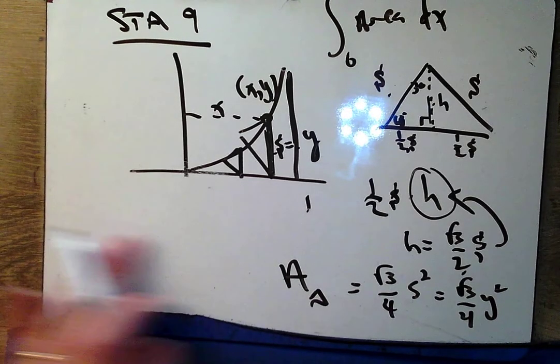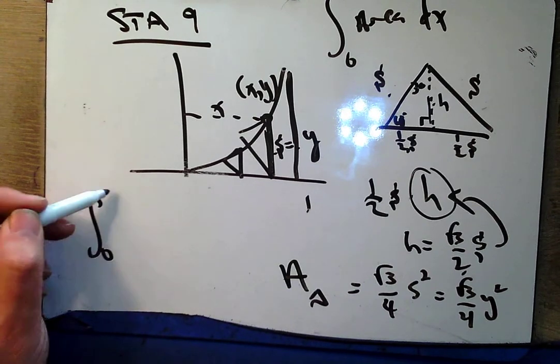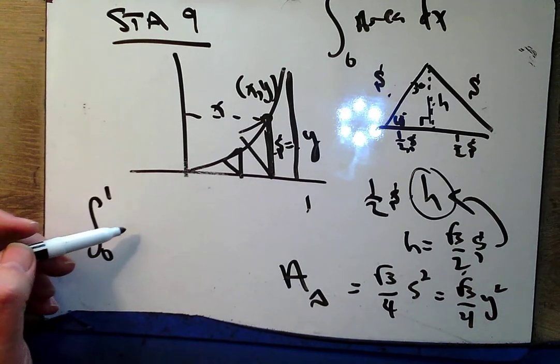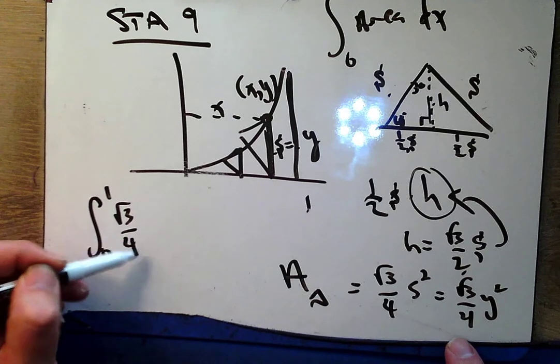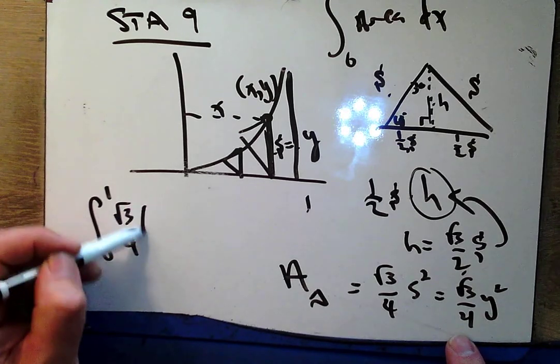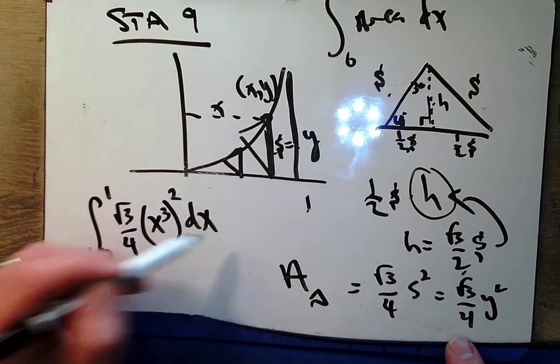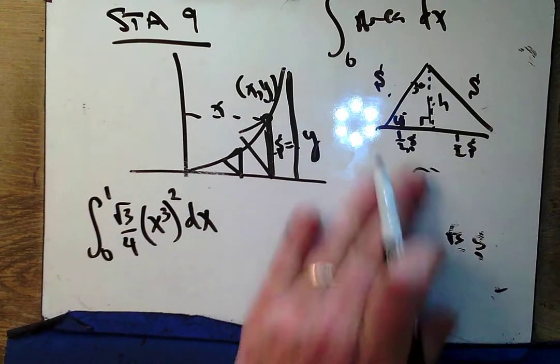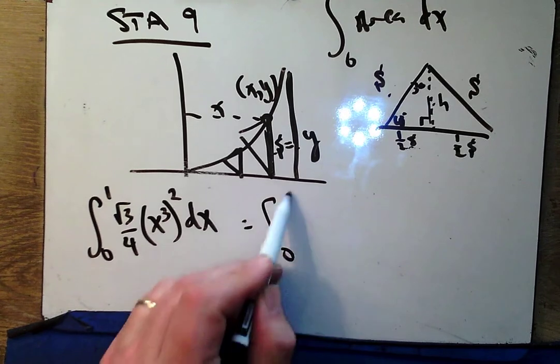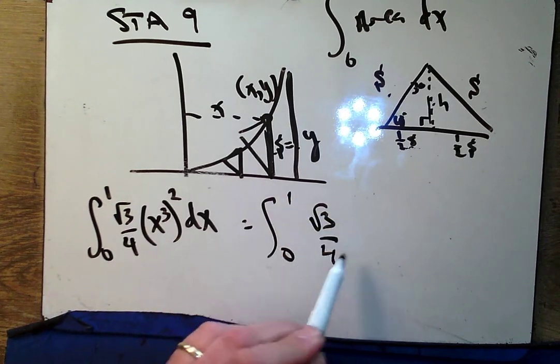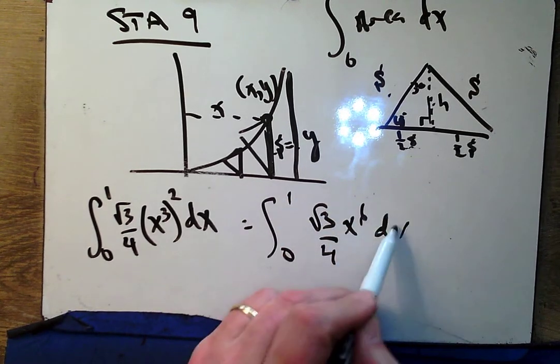Okay, so we're integrating area from 0 to 1. What's our area formula? √3 over 4 y squared, which is x to the 3rd squared. And so we can say that that's going to be the integral from 0 to 1 of √3 over 4 x to the 6th dx.